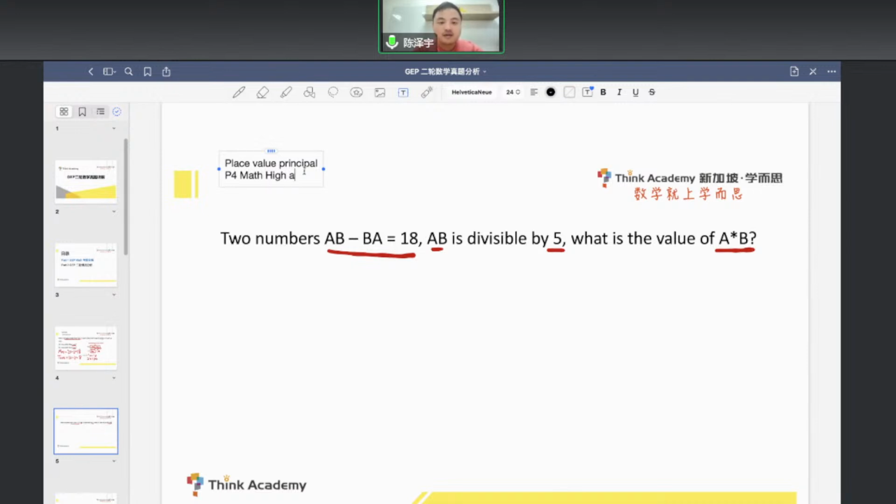Maths High Achiever is our course in the academy where we teach students about this place value principle in the P4 lesson. So how to do this?